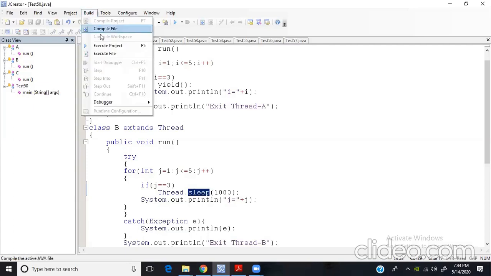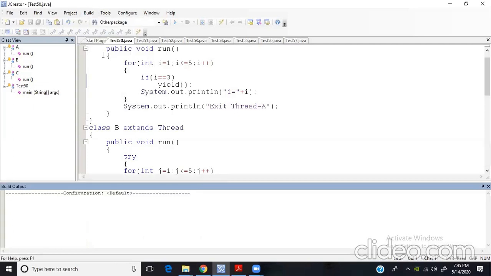So again, I am executing the program, and we can get a different output. Yes, we are getting a different output. Look at the output status. Here, exit from main thread, then J equal to 1. That means the second thread gets its processor. K equal to 1, third thread, first thread, thread A, thread B, fine.